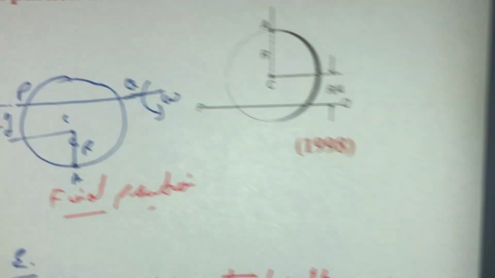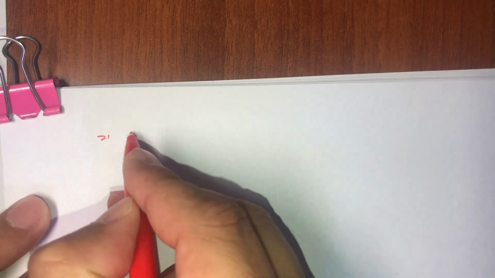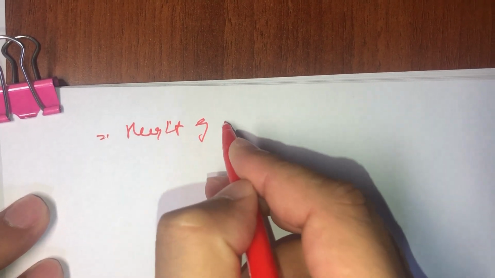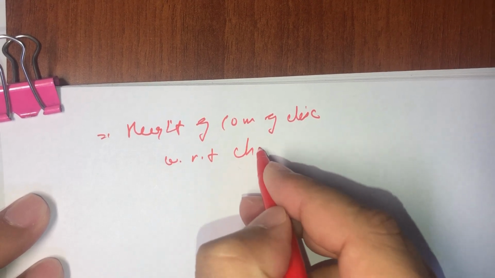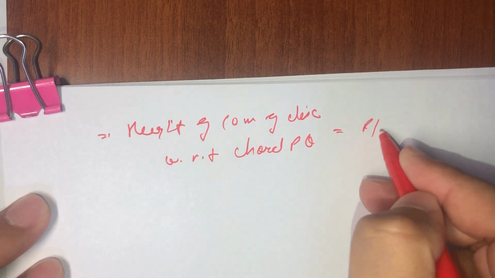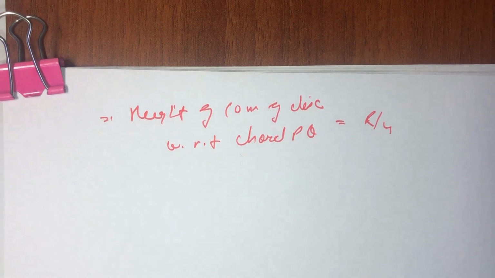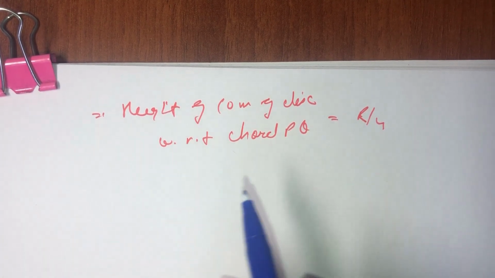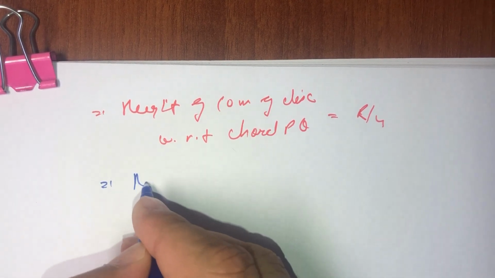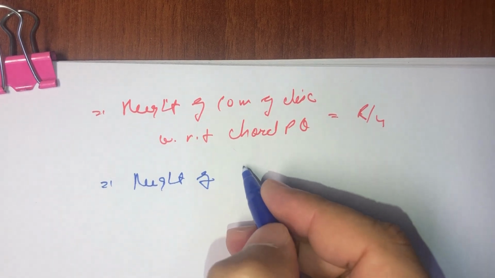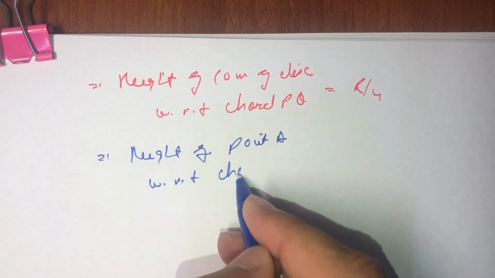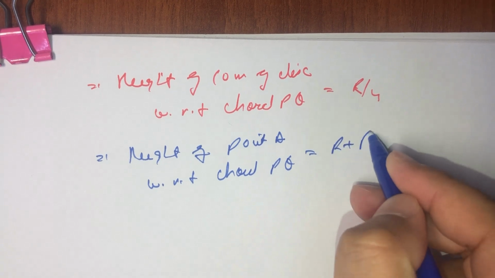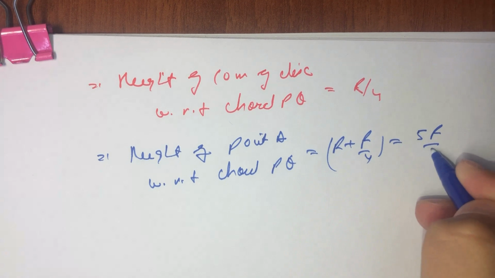In the figure itself it is given that the height of center of mass of disk with respect to chord PQ is R by 4, and height of point A with respect to chord PQ will be equal to R plus R by 4, which comes as 5R by 4.